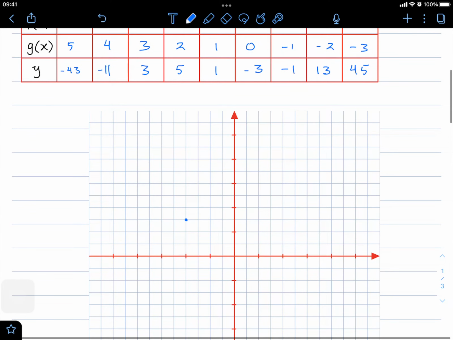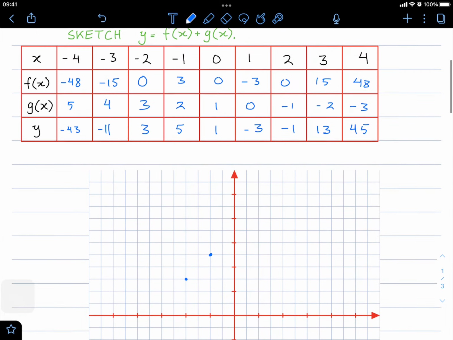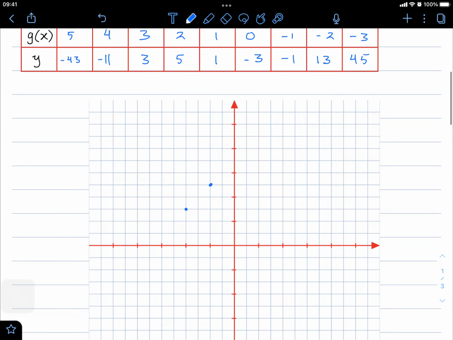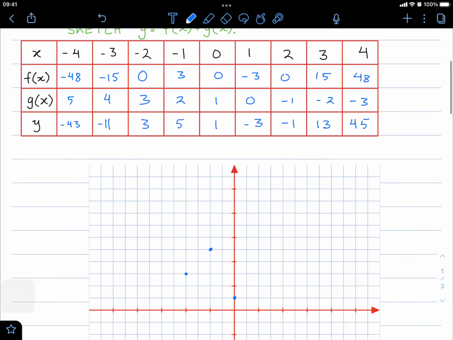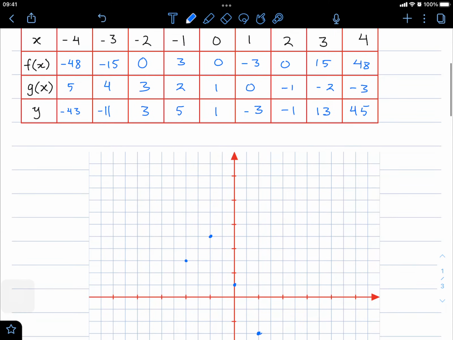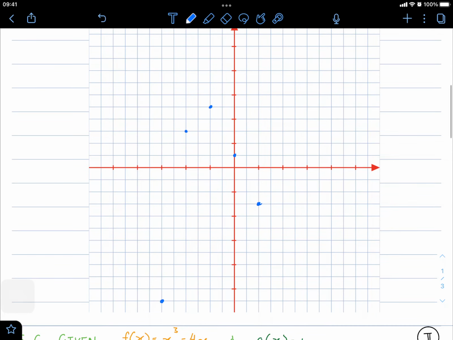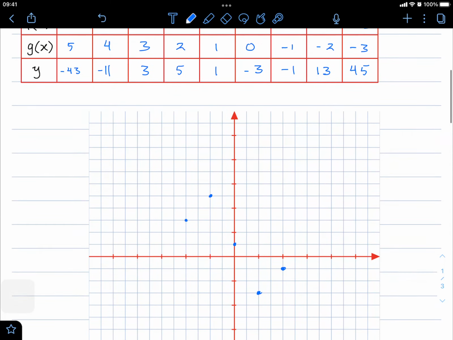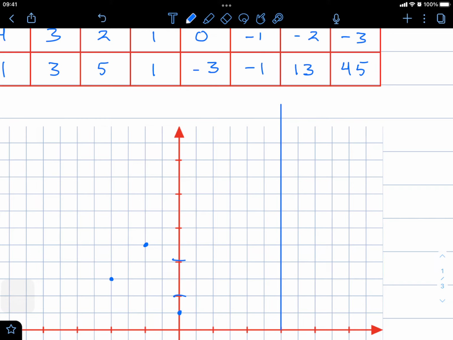Negative 1, 5. 0, 1. 1, negative 3. 2, negative 1. And 3, 13. Let's just approximate 13 to be up here somewhere.